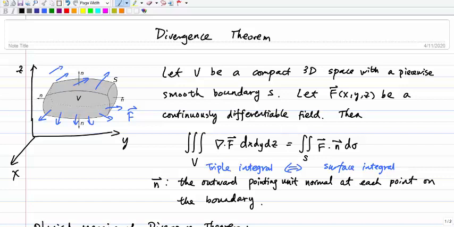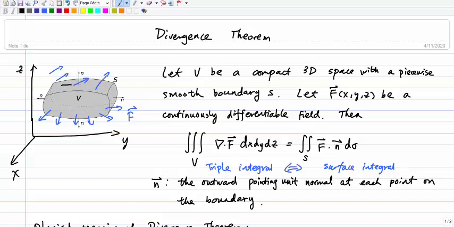We're talking about 3D, a compact 3D space with piecewise smooth boundary S. As shown in this figure, this is my 3D object. It is compact, which means it doesn't go to infinity, and it has a piecewise smooth boundary S, which means it has boundaries: the top, the bottom, left and right, front and back.